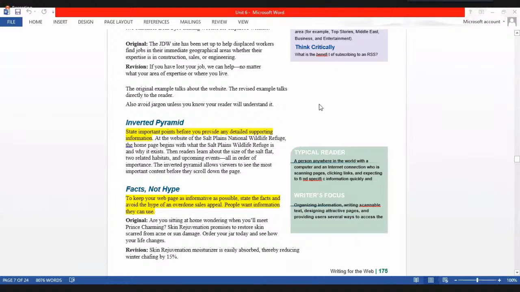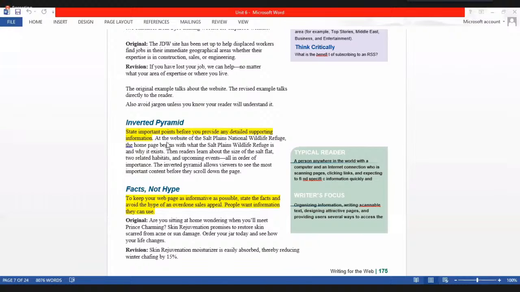Pyramid has this shape, isn't it? Triangular shape, right? But here inverted means, see, this is the line, and here an inverted triangle like this. This is the inverted pyramid. So what is given here?